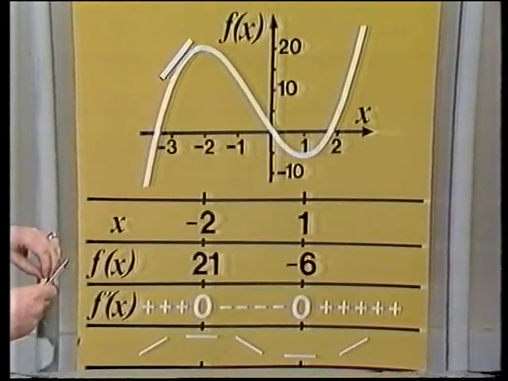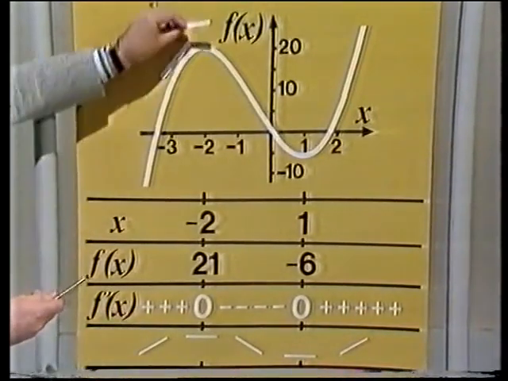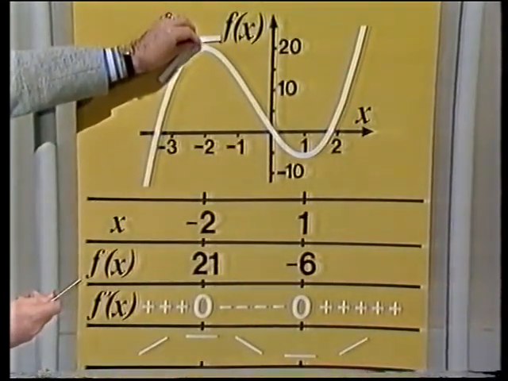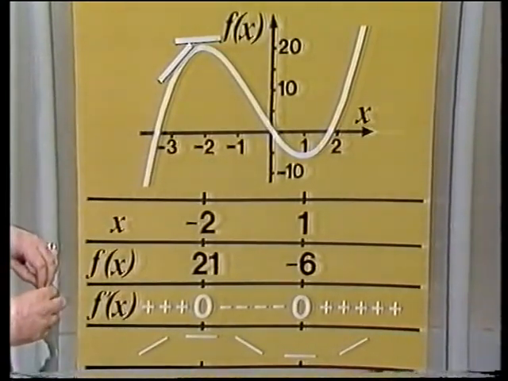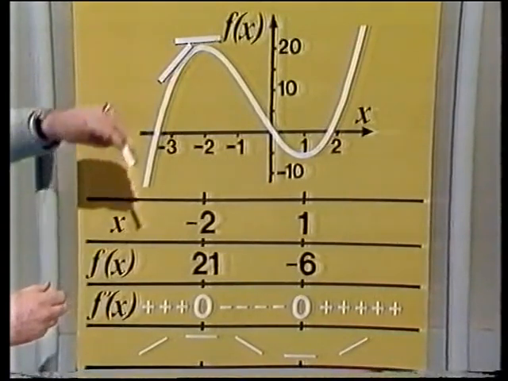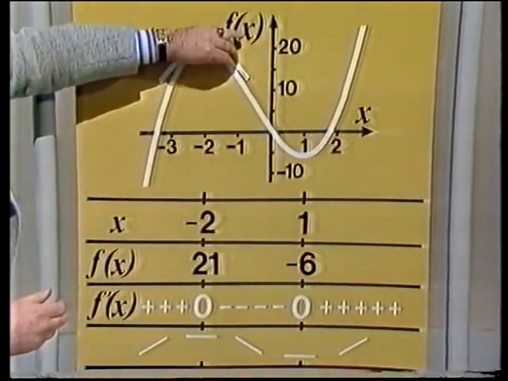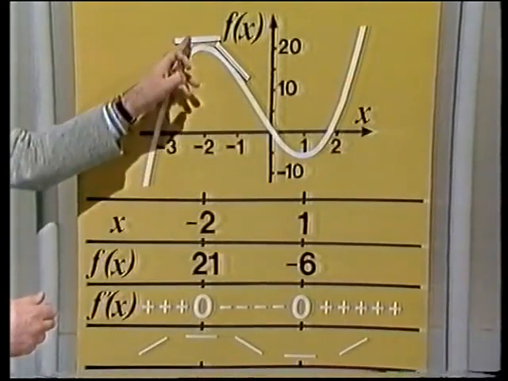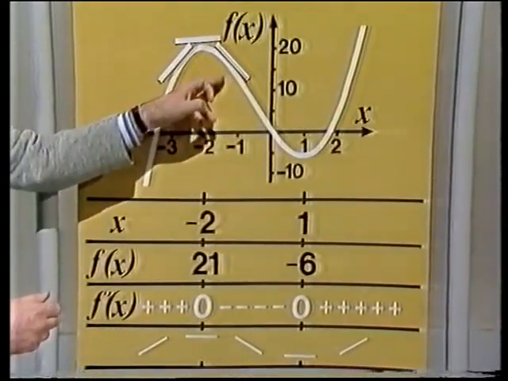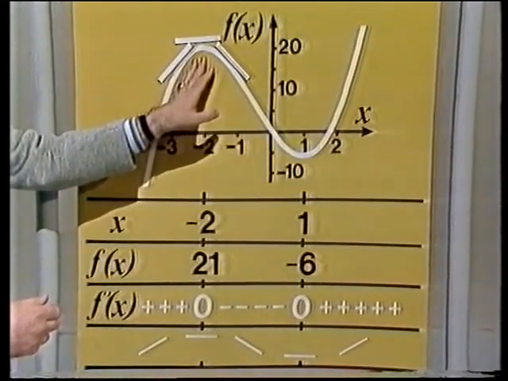At -2 itself, the derivative is 0 and there's a horizontal tangent. Whereas just to the right of -2, the derivative is negative and the function is decreasing. So increasing, horizontal, decreasing identifies this peak.